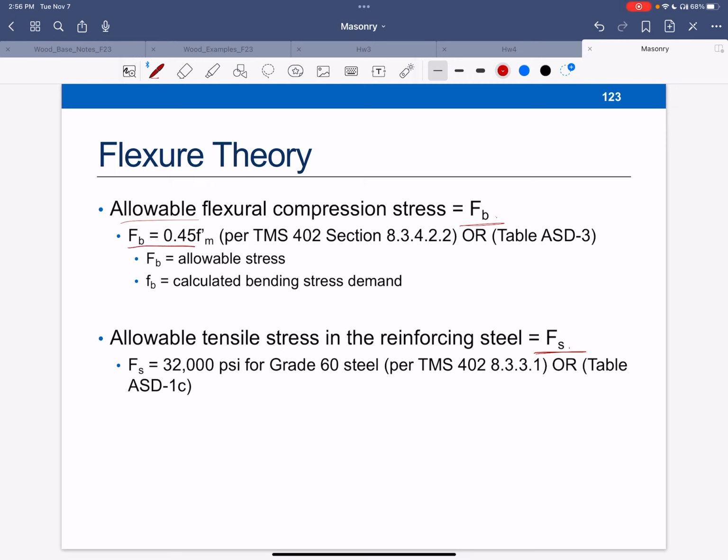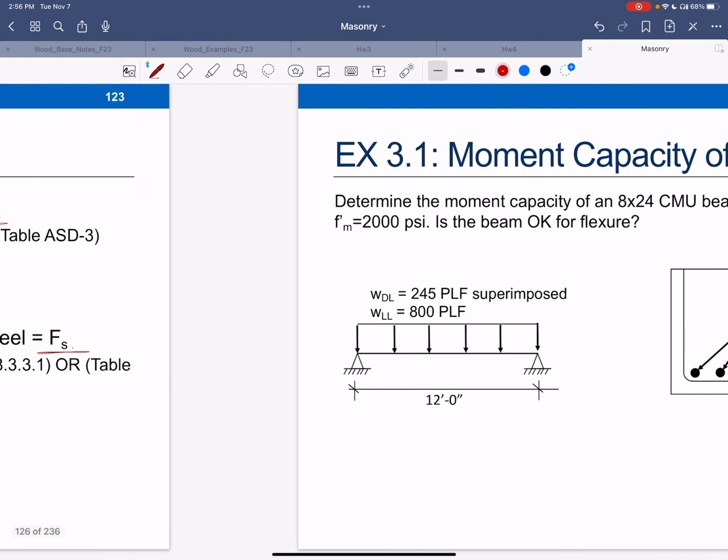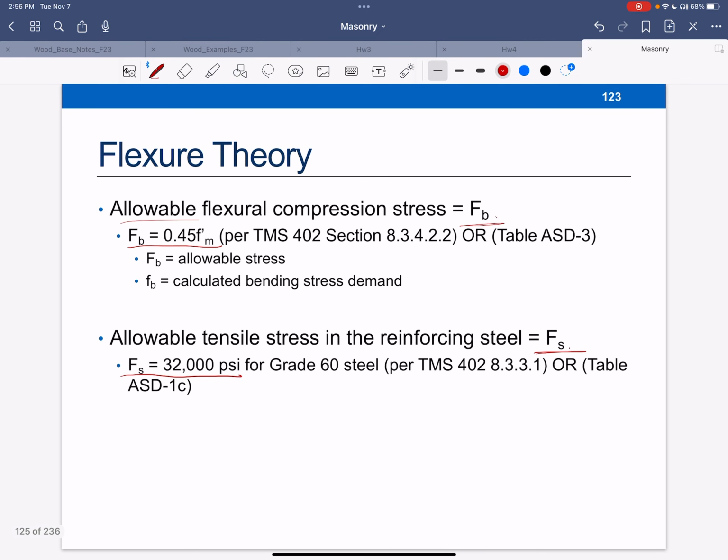TMS allows 0.45 f'm. And then over here, we're allowed 32,000 psi for grade 60 steel. So that's what we're going to compare to. I'm going to stop here because what we're going to do is the first example.